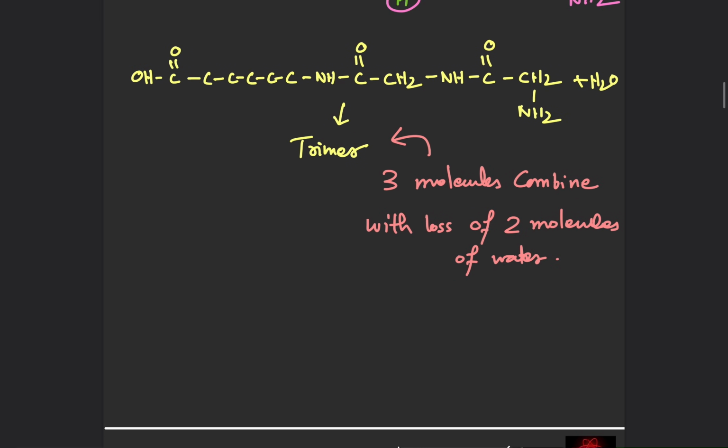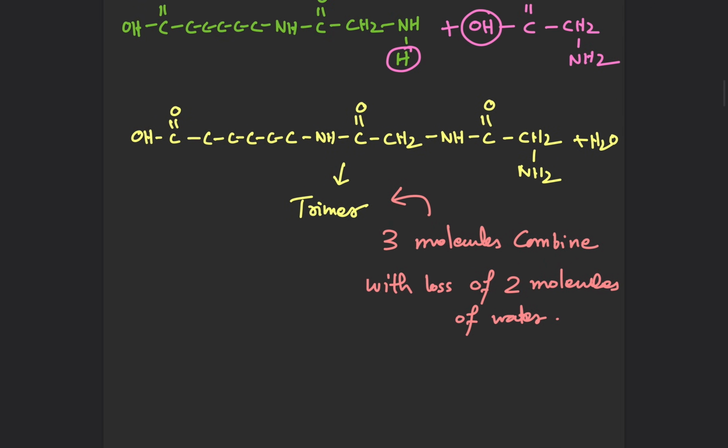Okay, so if you see, the resulting trimer is again bifunctional. So this is one functional group, this is the other functional group. So it may react with another molecule of one of the monomers, can be either X or it can be Y, to form a tetramer. Okay, and it goes on.